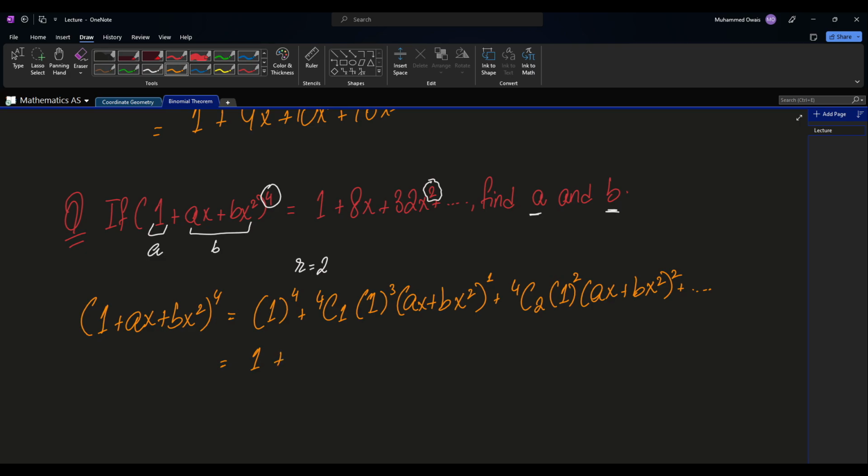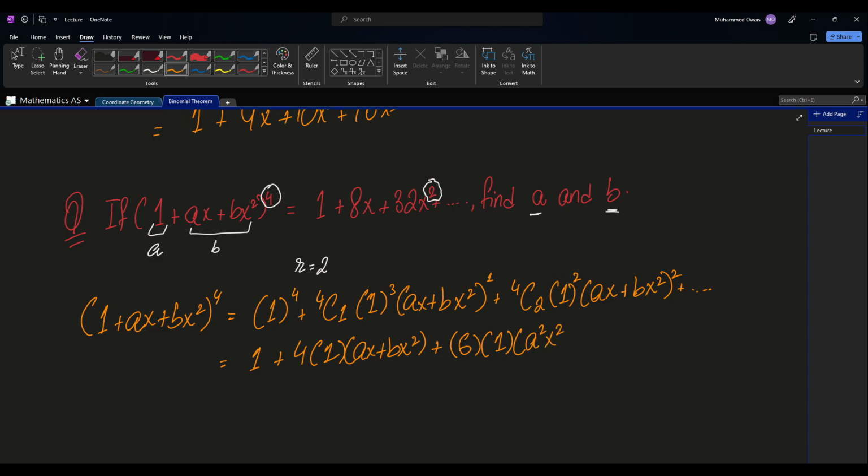1 plus 4 into 1 into (ax + bx²) plus, so then what is 4C2? 4C2 is 6 into 1 into, now then we need to expand this, so this becomes a square x square.